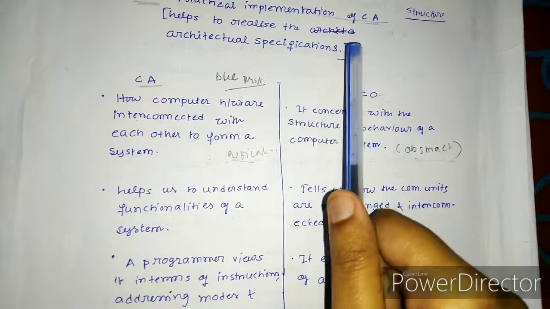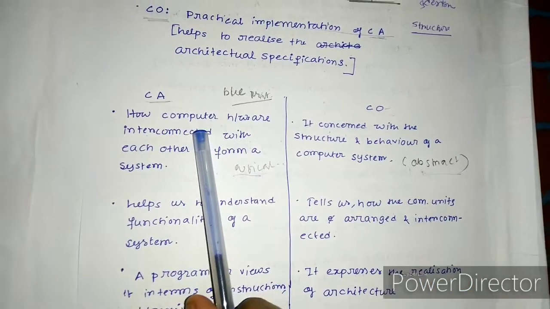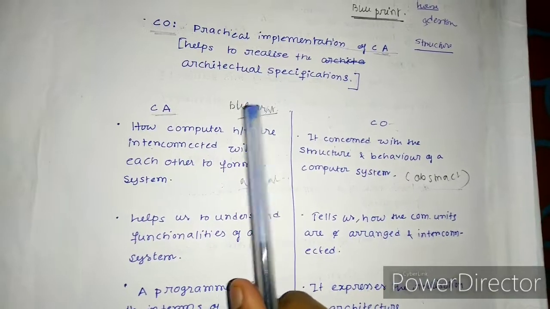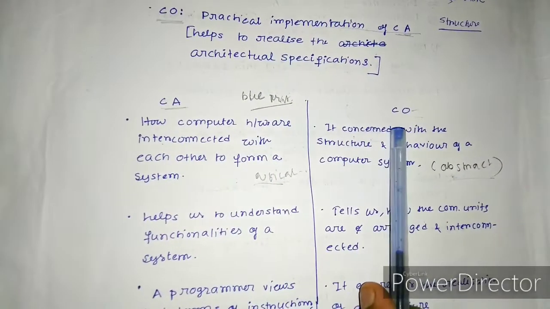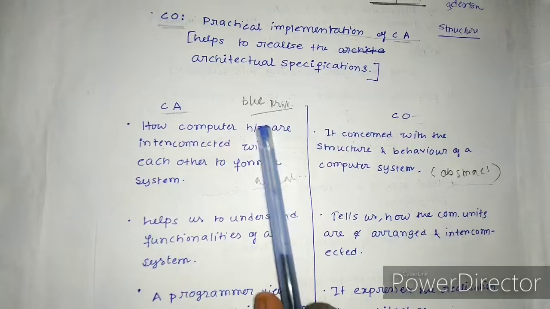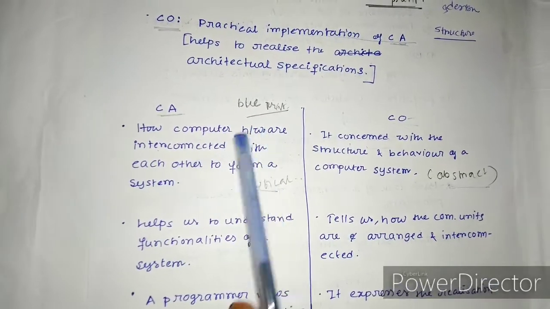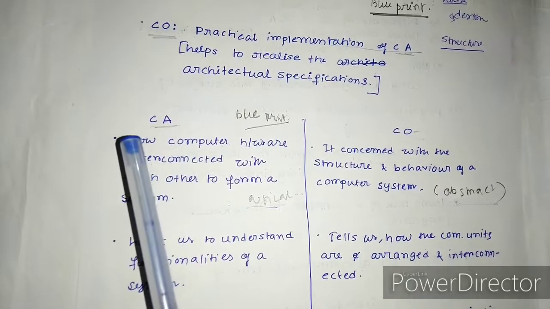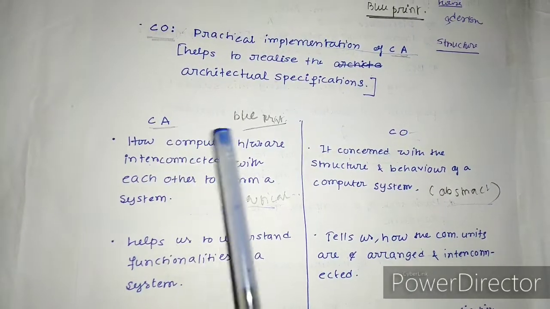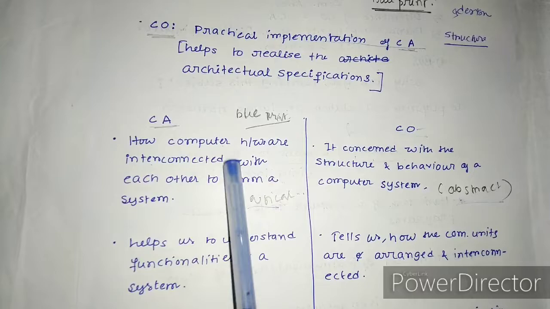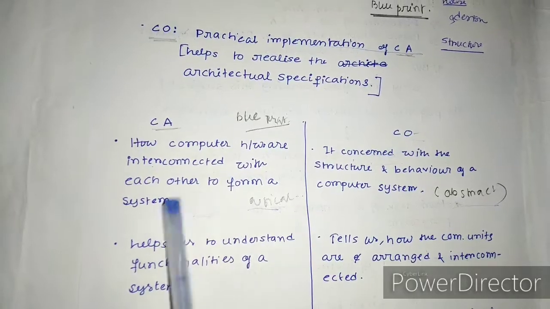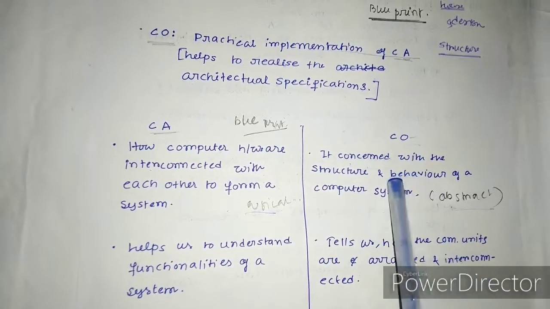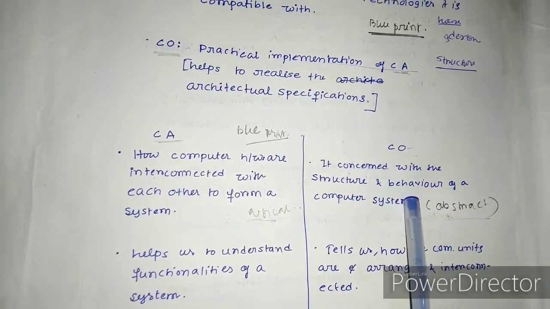So I've already told you that computer architecture is the design or blueprint of a system, and CO is the execution of this design into real life. In CA, we know how the computer hardware is interconnected with each other to form a system. The CO tells us the structure and behavioral view of a computer system.